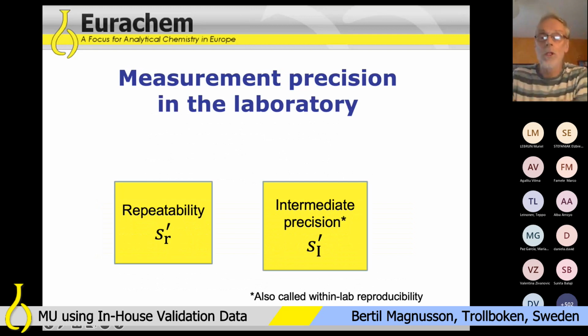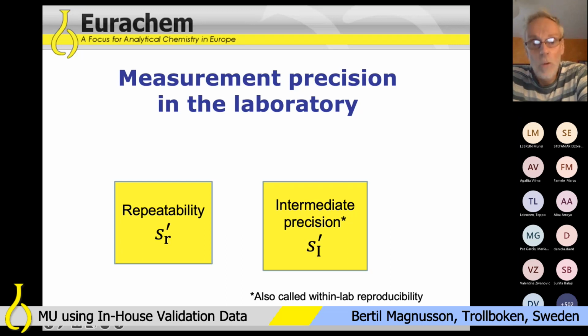If we look at precision, we can have 2 major components. We can have repeatability, and we can have intermediate precision. Intermediate precision is actually if I would be sending results to your laboratory in January, April, September, and December, and I calculate the variation between these results, then I will get an estimate of this lab's intermediate precision.